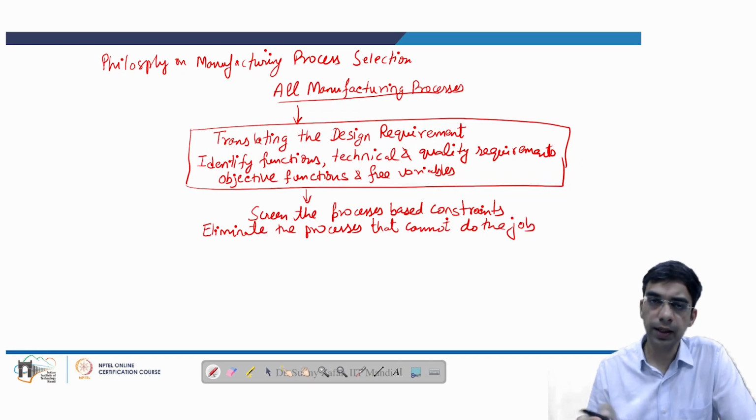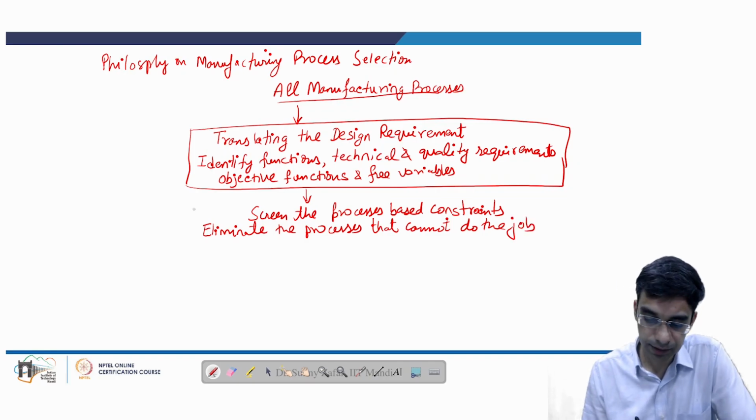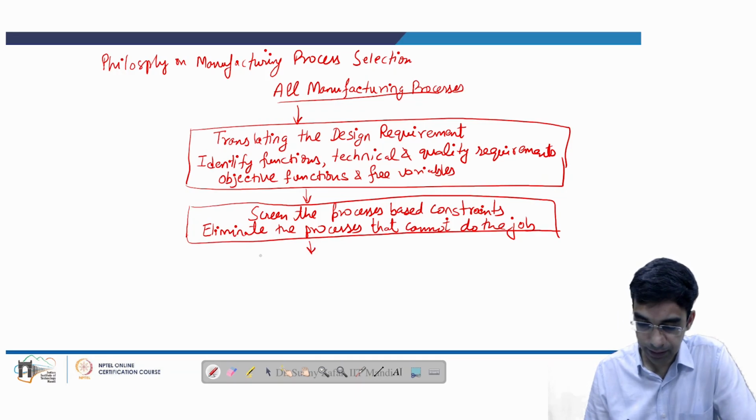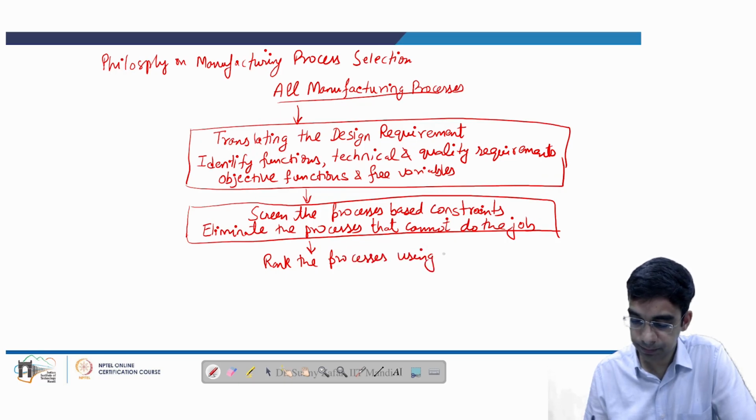Means if we are making any product of a specific shape, not only shape, but it is also dependent on the size, mass of the product, tolerances, and so on. So the particular process cannot meet these requirements, so we will eliminate all those processes. Then in the remaining processes, what we will do is we will rank the processes using objectives.